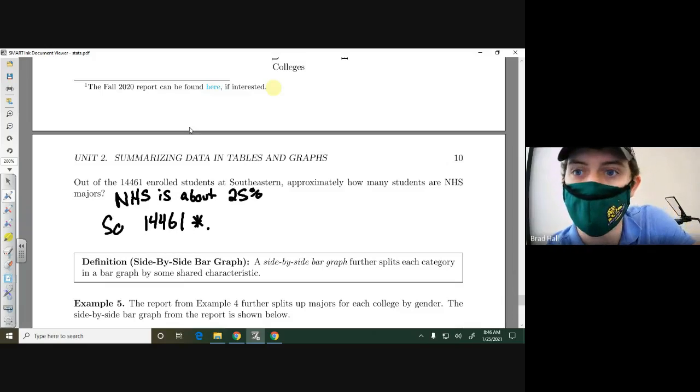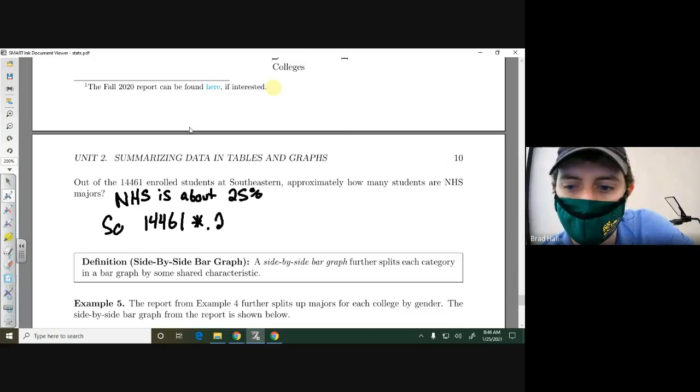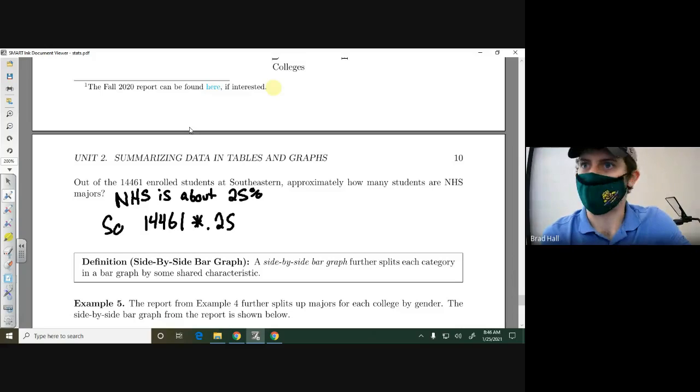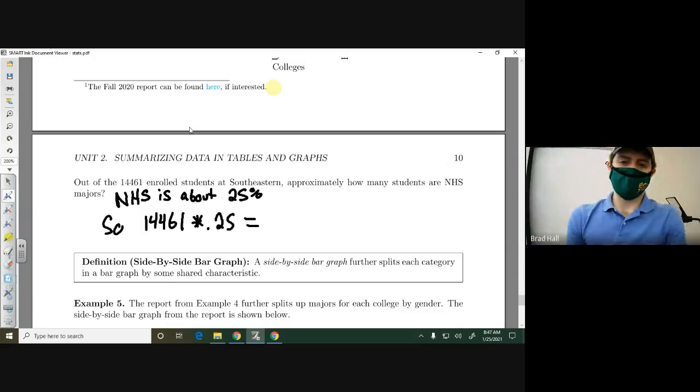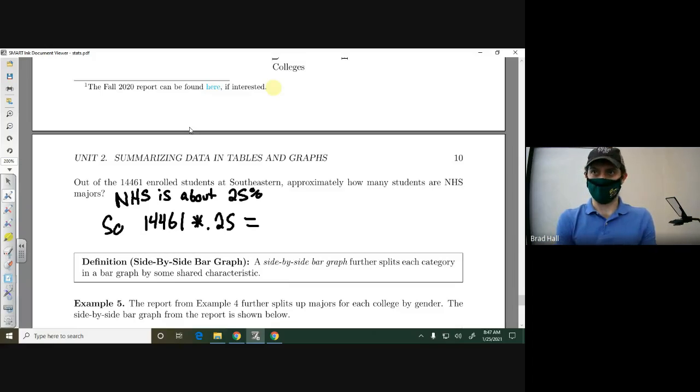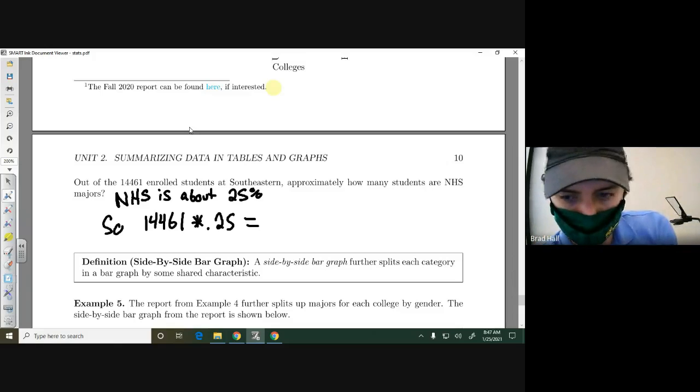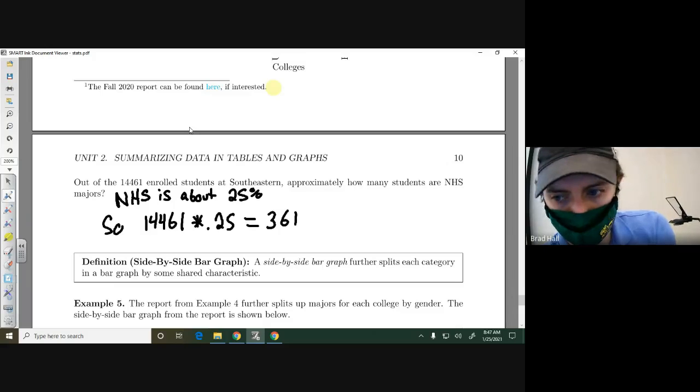So times, not 25%, but 0.25. That's when the proportion comes into play. So let's figure out how many nursing health science majors we have at the school relative to last semester. And of course, we tend to get decimals with these things, but we're talking about people. So I'm going to round this to 3,615.